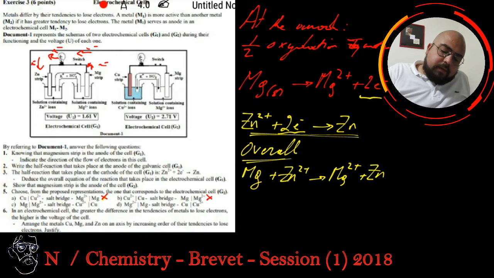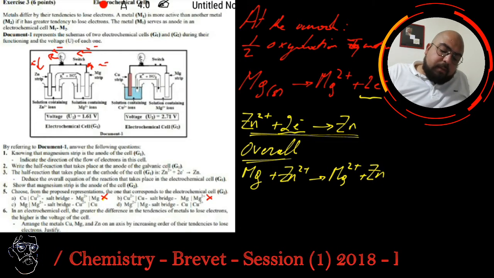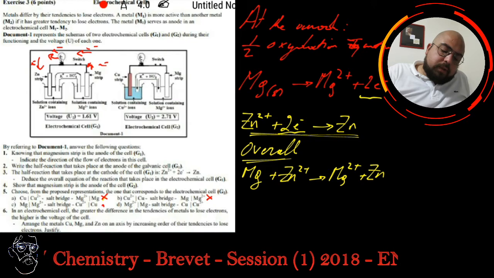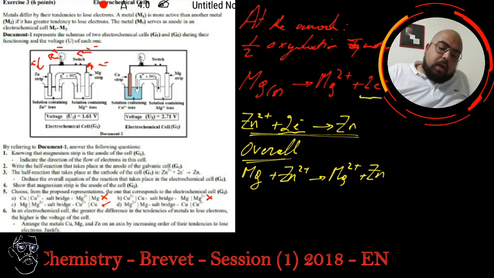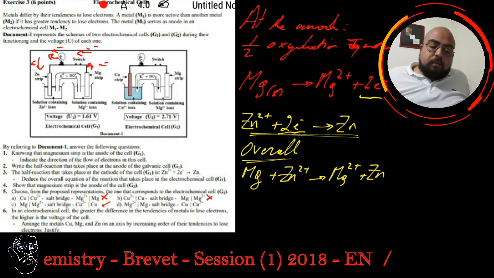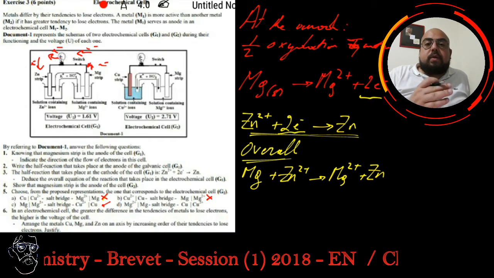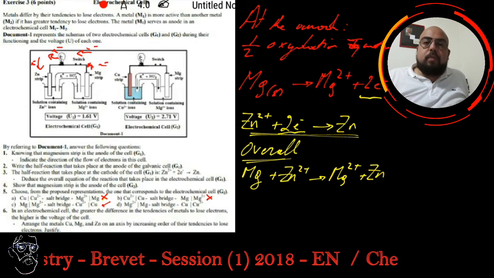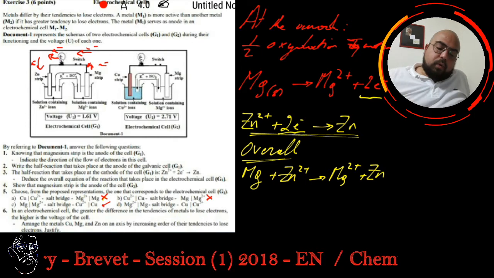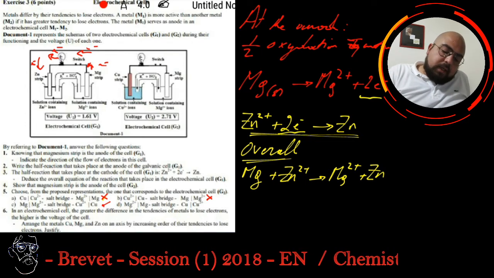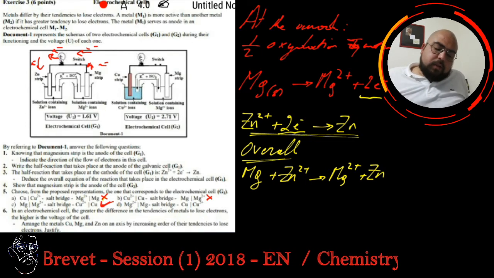This is also on the left side. So C, Mg2+, salt bridge, is the one which is right. I do not write Mg2+ Mg because I have the oxidation: Mg is being transformed to Mg2+ and Cu2+ towards Cu. So the answer is C, which is the right one.